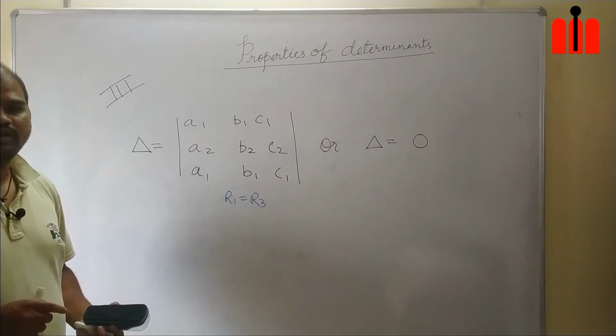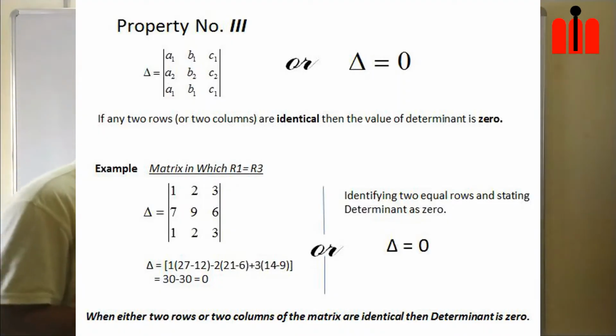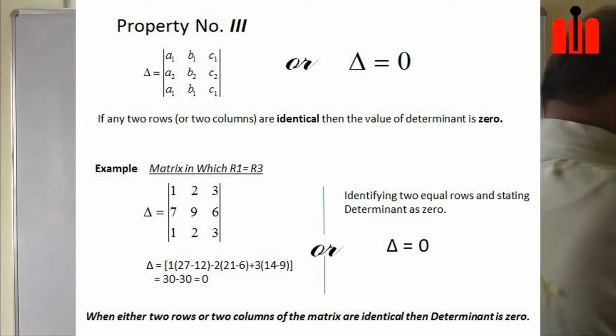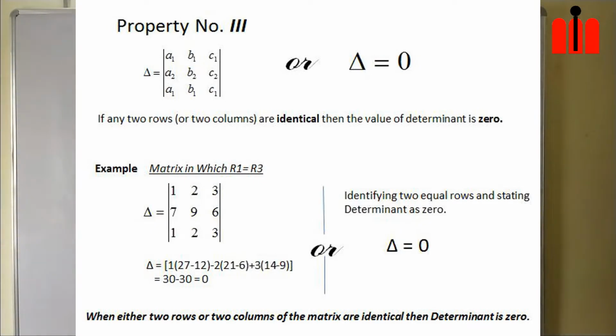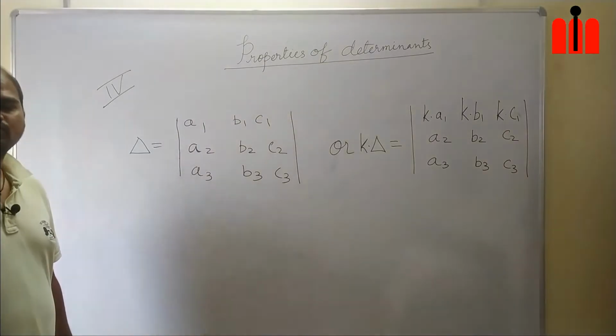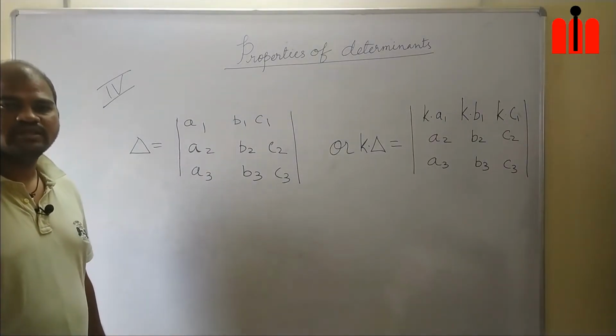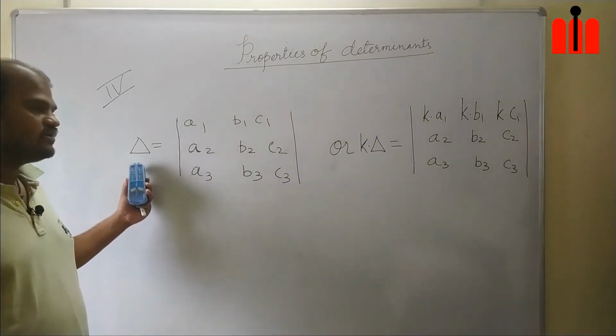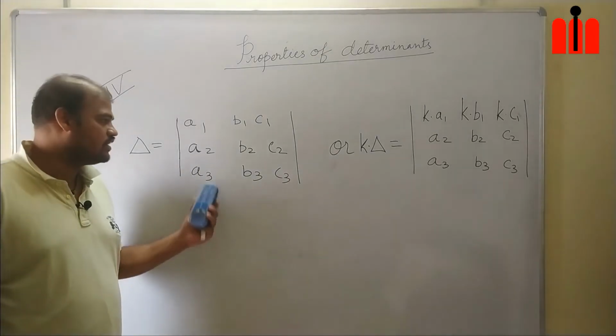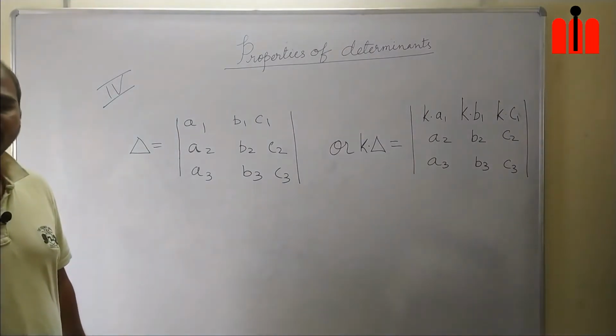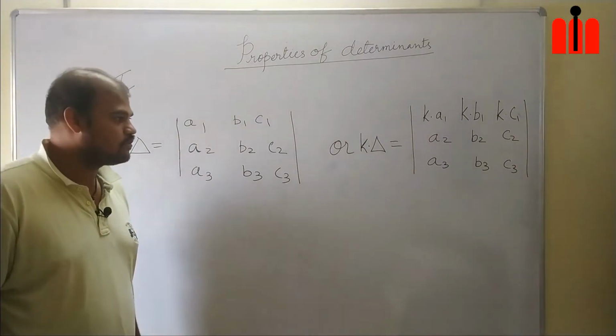Let's move on to property number 4. In this property, we take the default determinant of A1 B1 C1, A2 B2 C2 and A3 B3 C3.